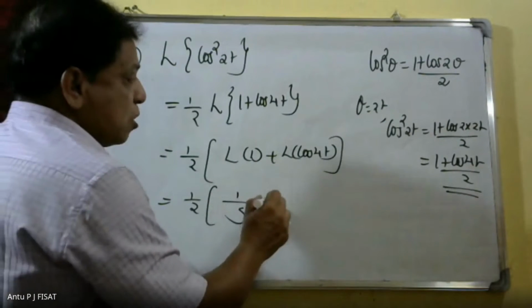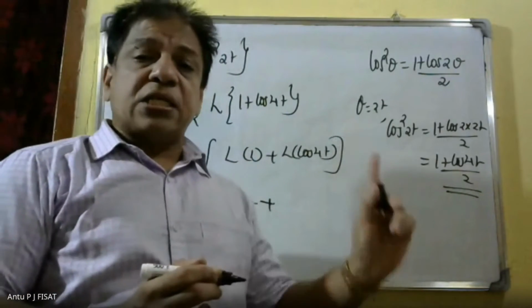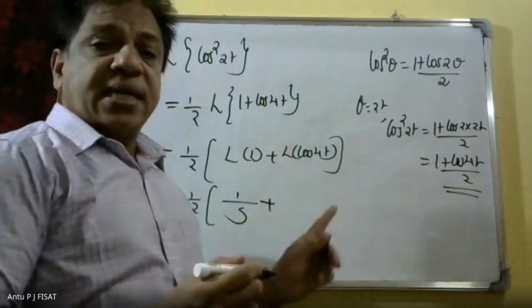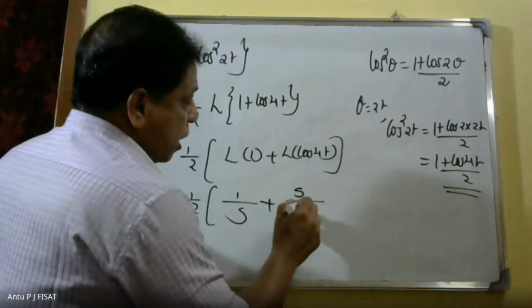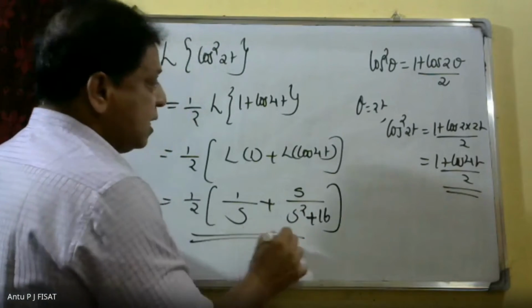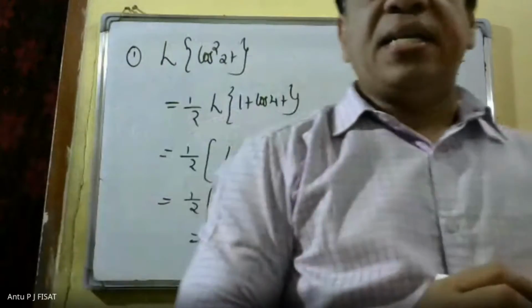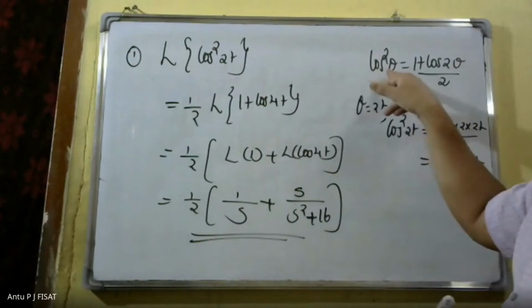Laplace transform of cos 4t is s by s square plus 16, using the standard result. This is the result. But to find it, we should know the identity.